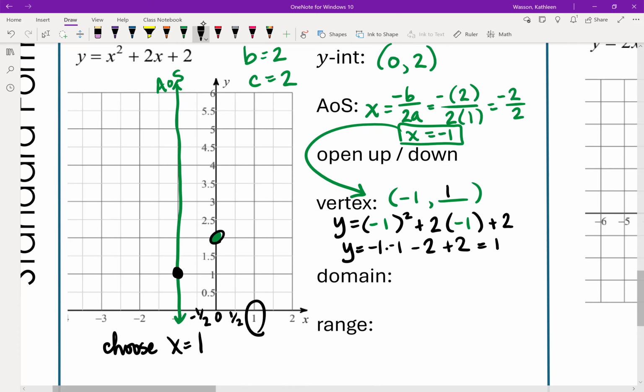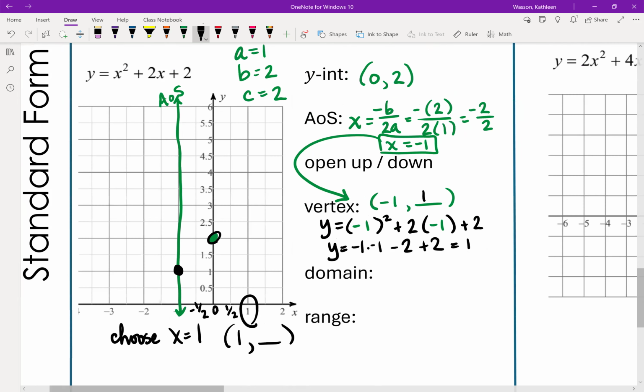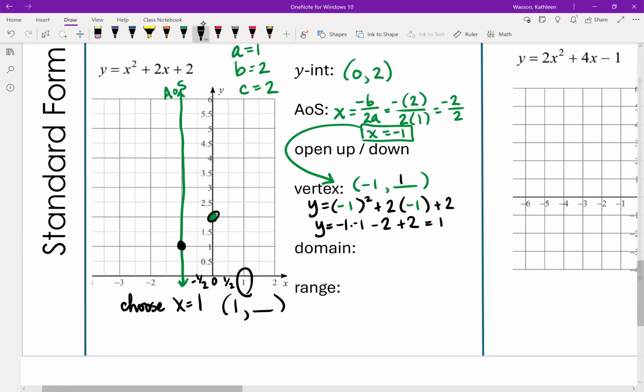Again, I'm using x is 1. So there will be a point, 1, I'm not sure yet, that I can plot here. To determine what the y is there, I substitute into my given equation that I'm graphing. Everywhere there's an x.